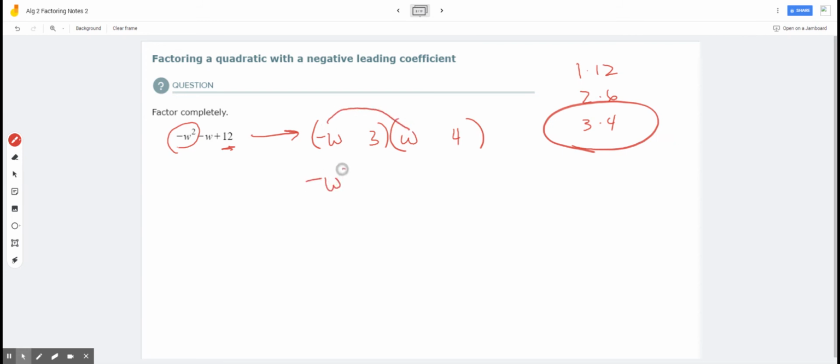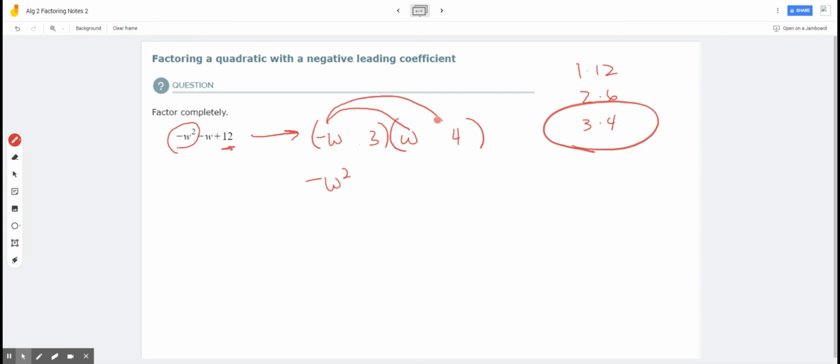Negative w squared. Yay, I got that right. Okay. Oh, I need to have this be positive 12. Okay, so it either has to be a positive and a positive or a negative and a negative. So let's see. Okay. That doesn't work.